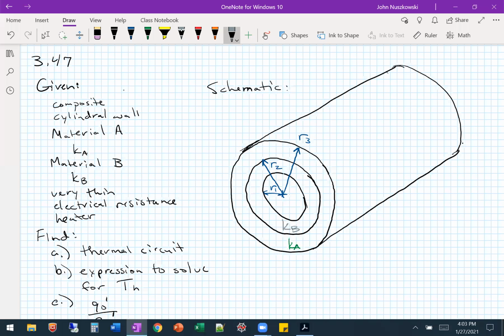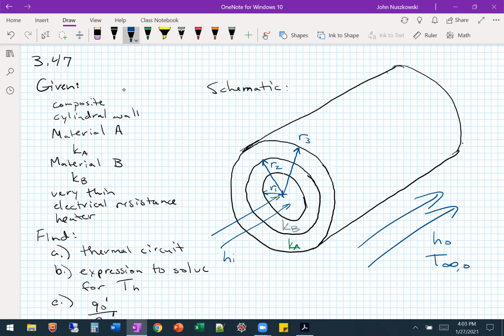And then on the outside, we have a convection coefficient and T infinity. But we also have on the inside a convection coefficient and a different T infinity. And then we have a heater that's in between material A and B.